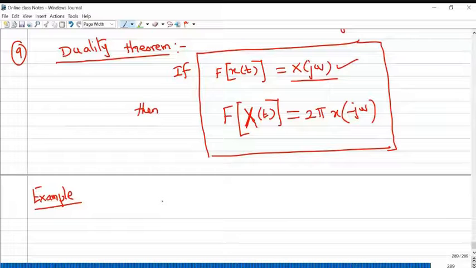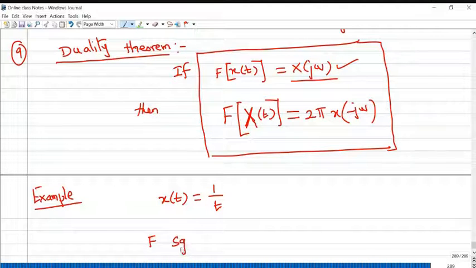Example: find the Fourier transform of the signal x of t equal to 1 by t, using Fourier transform properties. So remember the formula of the Fourier transform of the signum function.